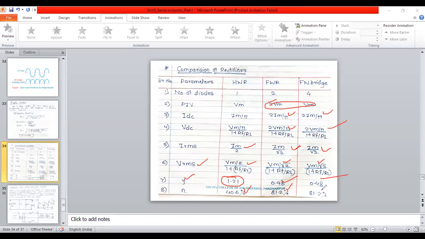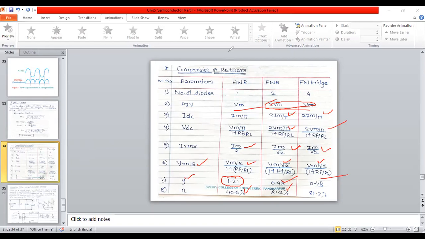And now the peak inverse voltage, PIV, is the value we are going to call here. Those are the advantages, disadvantages, everything is over. One more point I will explain, and we will finish the rectifier points.